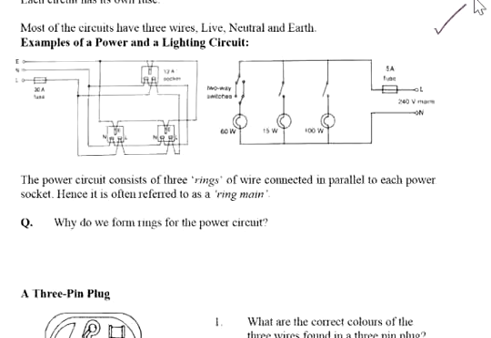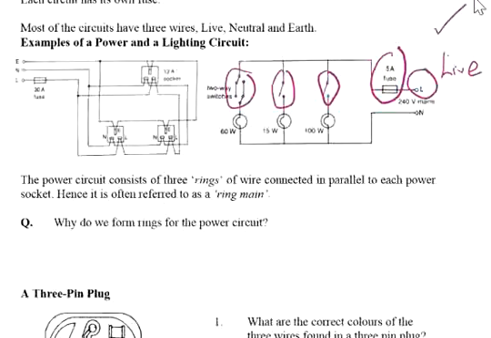The one that I need to explain is this part. Class, the fuse and the switch, if you look here, must be connected to the live wire. Must be connected to the live wire, the fuse and the switch.